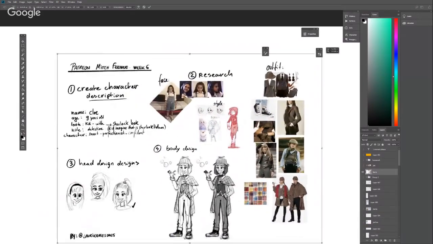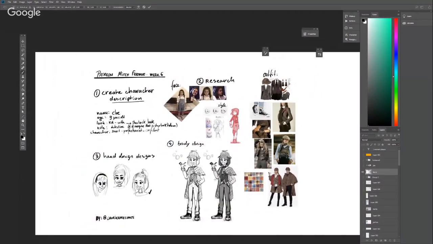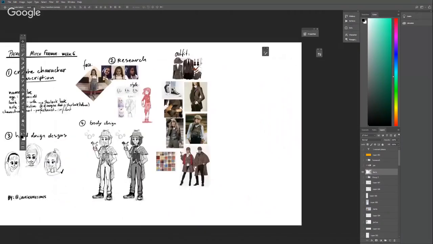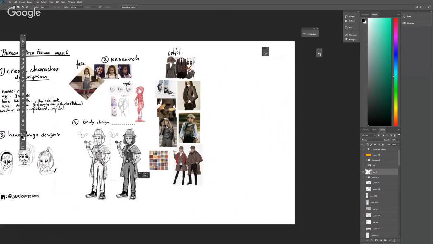Then we go to Laura. Character description and designs. Body designs. Great. Really cool line work, and I really like the sketchy thing.